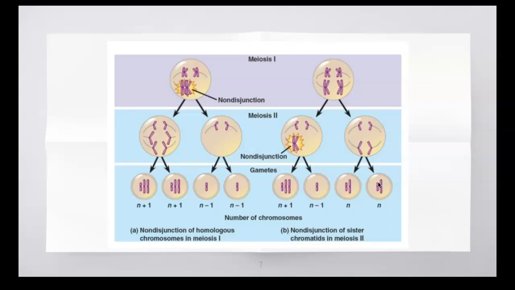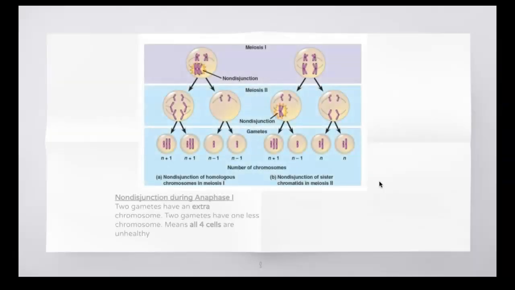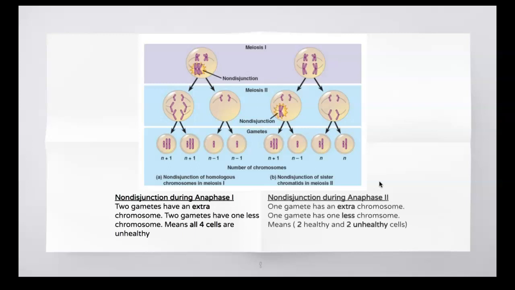But it could happen during either of these to produce a chromosomal mutation. If it's happening during anaphase 1, we just have to write down that 2 gametes have extra, 2 gametes have 1 less, so all 4 of them are not the correct number of chromosomes. If it's happening during anaphase 2, we have 1 that has an extra, 1 that has 1 less, and 2 of them are still the right number of chromosomes. So it's a little bit less bad if it happens during anaphase 2.